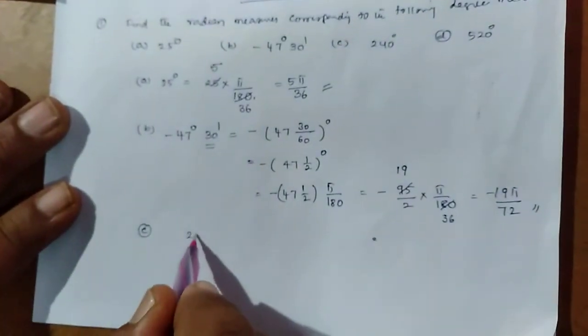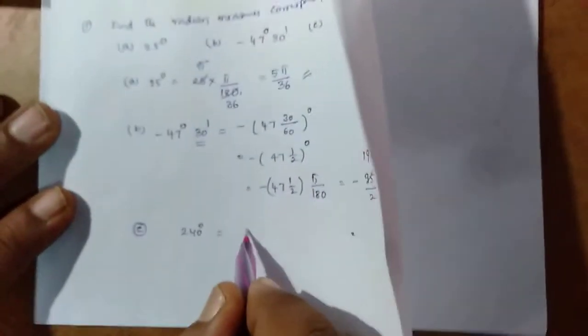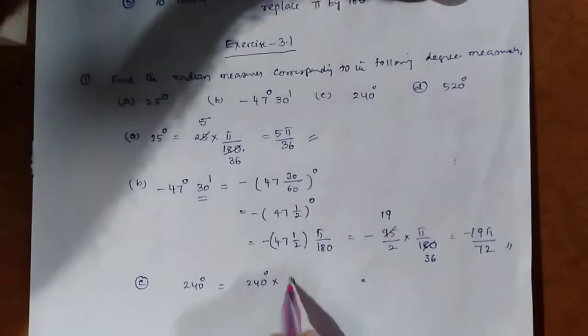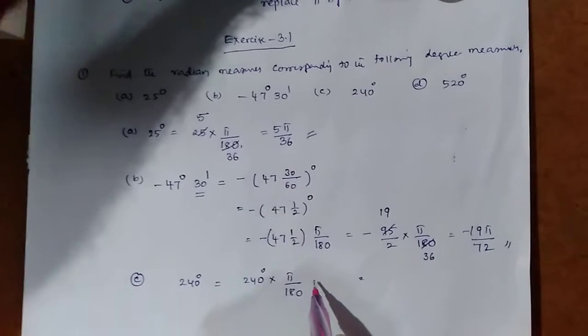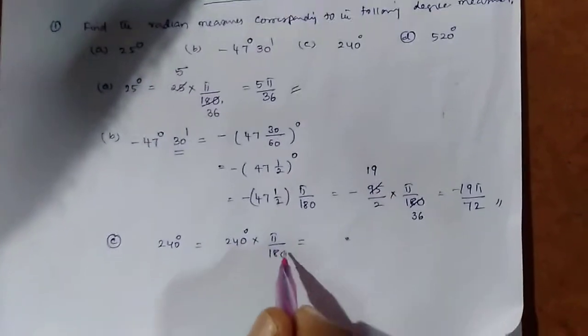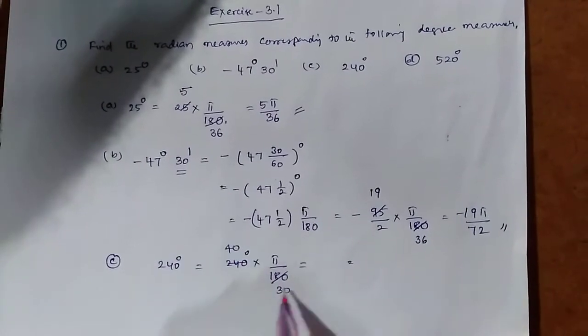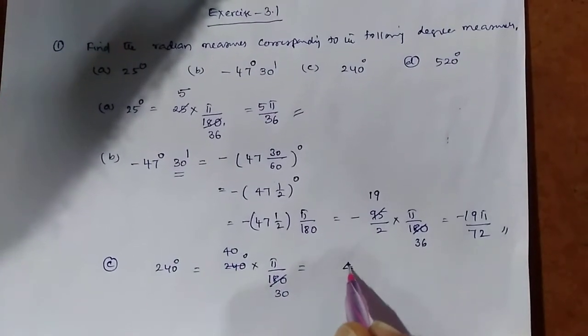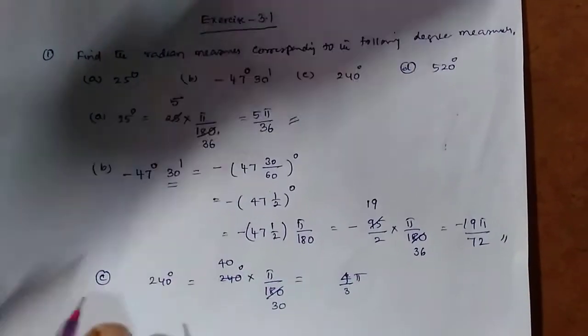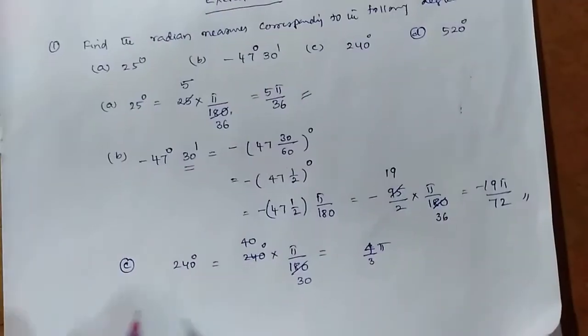Similarly, 240 degrees. Very easy, 240 degrees multiplied by pi by 180, that is equal to 6 3s are 18, 6 40s are 240. So 10 4s, 10 3s, that is 4 pi by 3.